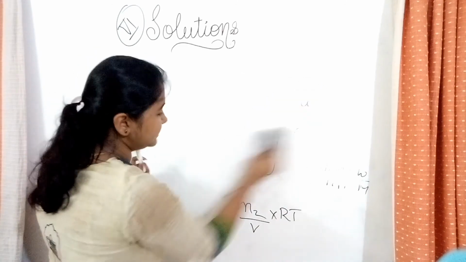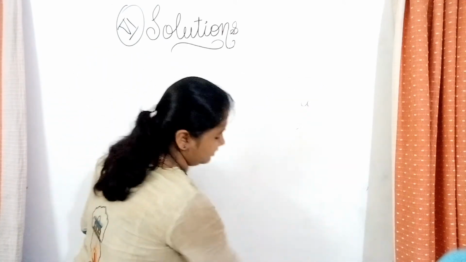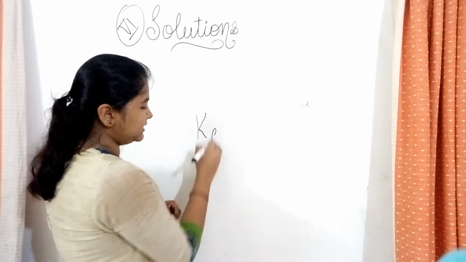And in the previous colligative property, the freezing point, I told you Kf is a constant.